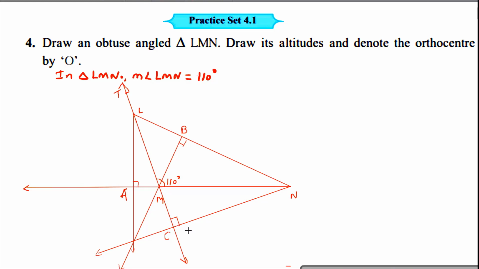All three altitudes intersect at one point, therefore they are concurrent, and this point of concurrence of the three altitudes of a triangle is called the orthocenter and it is denoted by the letter O. This one is the required figure.